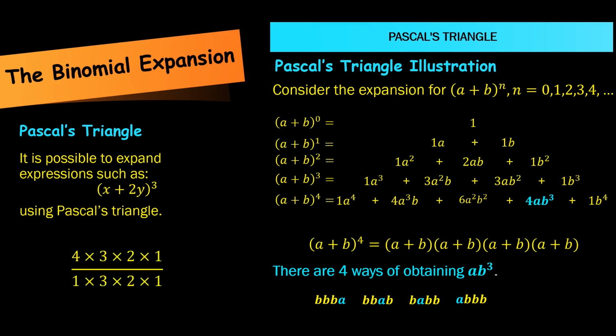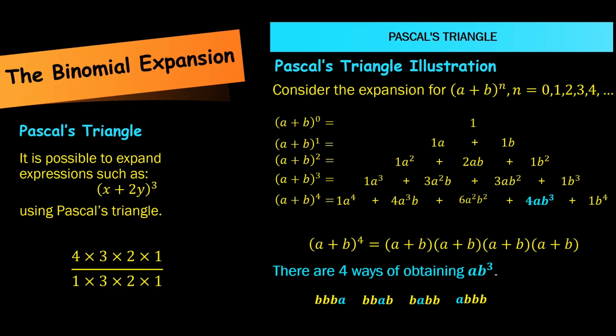Alternatively, let's see how we can obtain this directly. The number of ways of arranging 4 different objects is 4 times 3 times 2 times 1. However, there is 1 A and 3 B's. The number of ways of filling 1 space is just 1. And the number of ways of filling 3 spaces is 3 times 2 times 1.